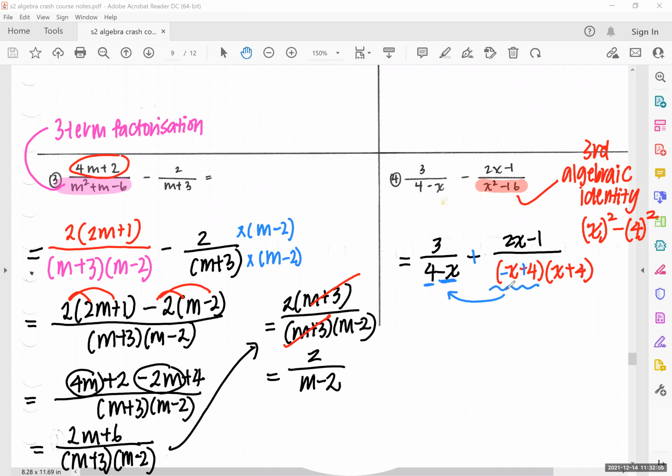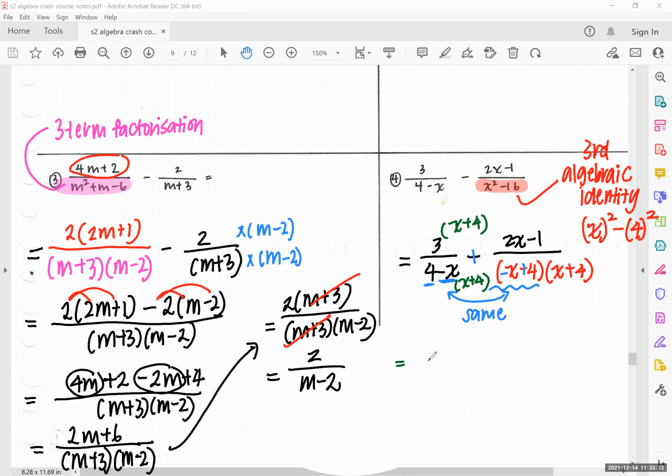So right now these two will be the same. But I have a problem right now. What's the other problem? Is the denominator the same? It doesn't have x plus 4. So I put a bracket x plus 4. Put a bracket x plus 4.